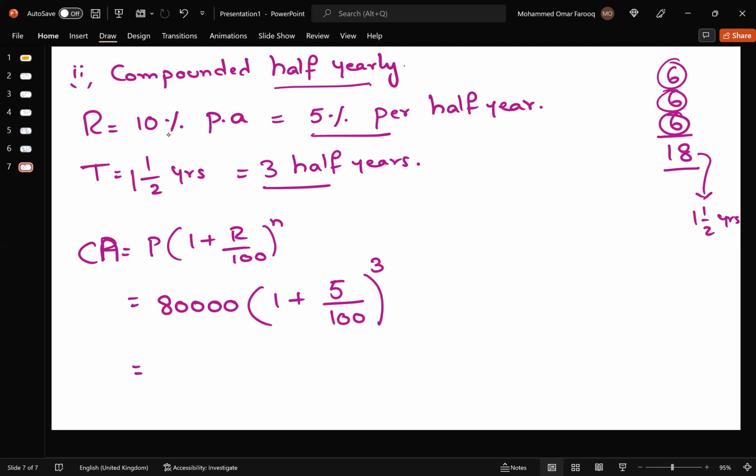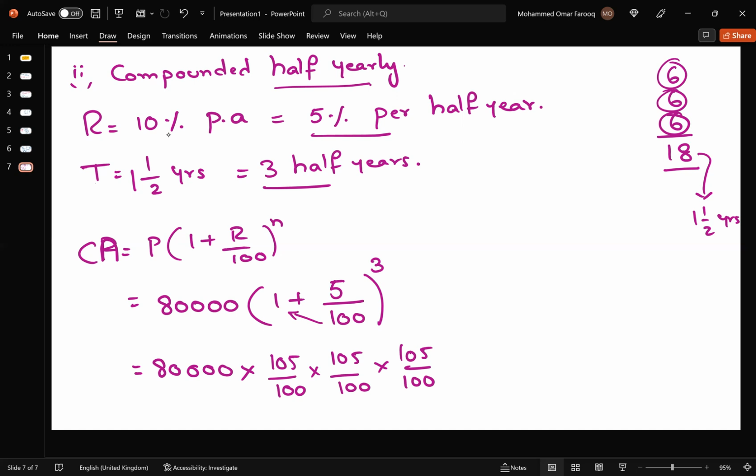Whenever you have powers of 10 in the denominator, I prefer not to simplify it. So it is 80,000 multiplied by, when you take LCM, 100 plus 5 is 105 divided by 100, into 105 divided by 100, into 105 divided by 100.